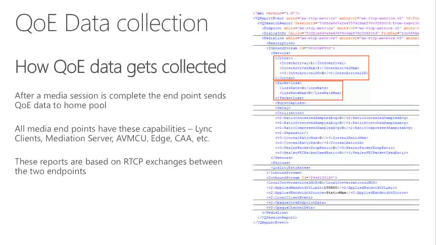So the source of the data that we look at in the quality of experience data is being sent by all media endpoints. So all clients doing media, after each call, they send a report to the server using the SIP channel. And that report is then added to the database and is the base of what we look at in our queries.